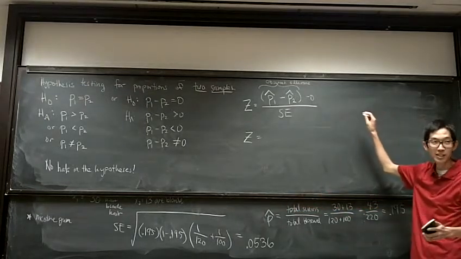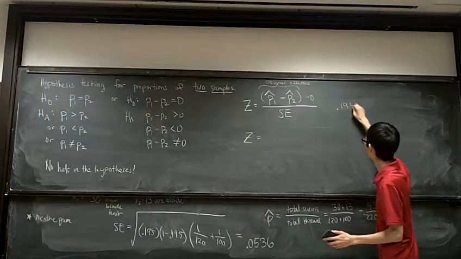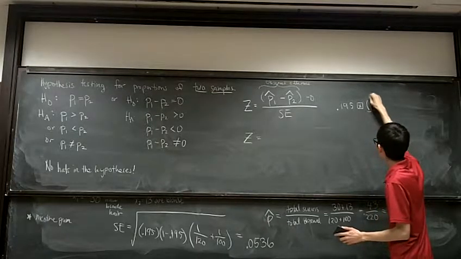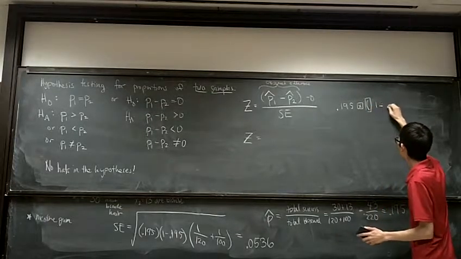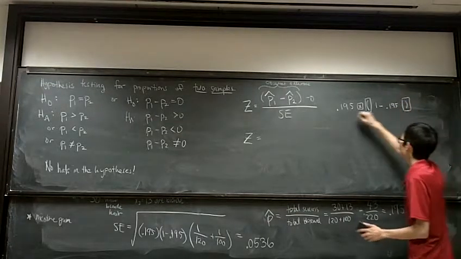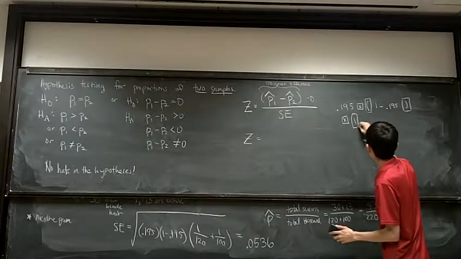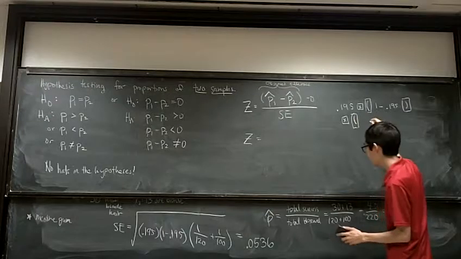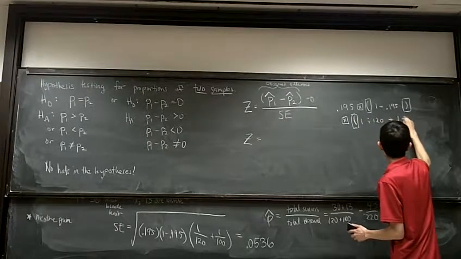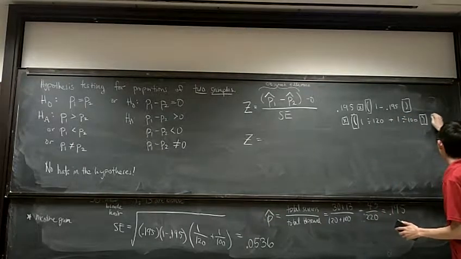All right, calculator lesson for everybody. If you did not get that 0.1, you do 0.195 times, parentheses, if your calculator has parentheses, 1 minus 0.195, close parentheses, times, parentheses, and then you do 1 divided by 120 plus 1 divided by 100, close parentheses, equal sign.